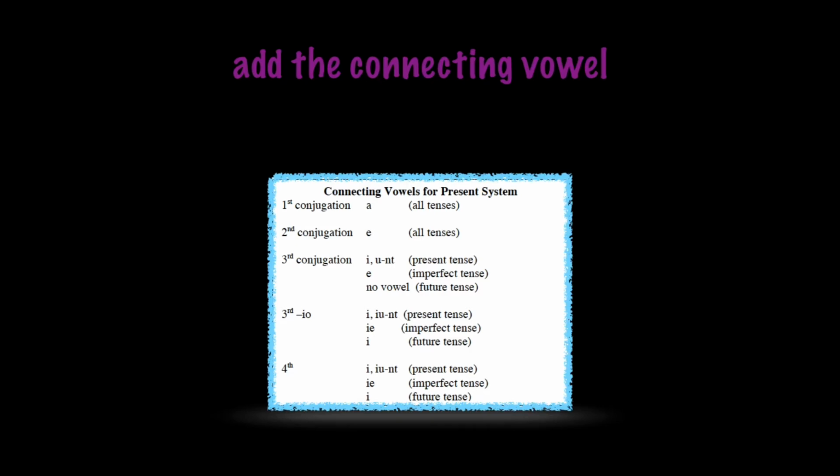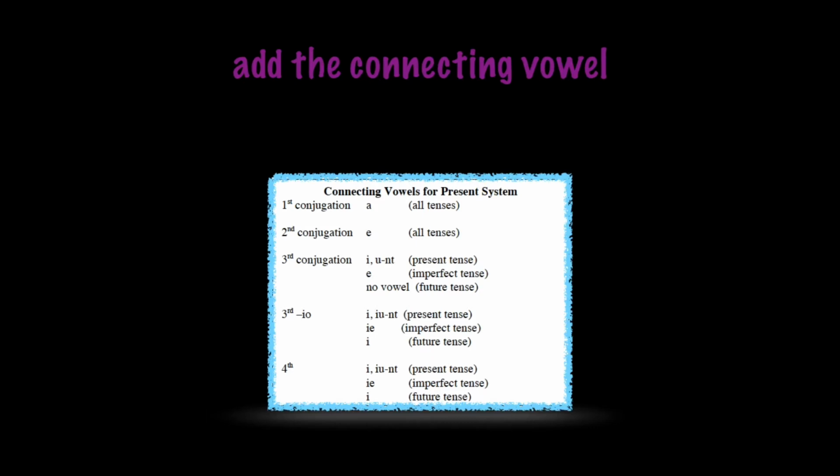Notice in this box that connecting vowels are divided in two different ways. First of all, on the very left side, we see that connecting vowels are related to the conjugation that a verb is. A conjugation is just a fancy word for a group of verbs.